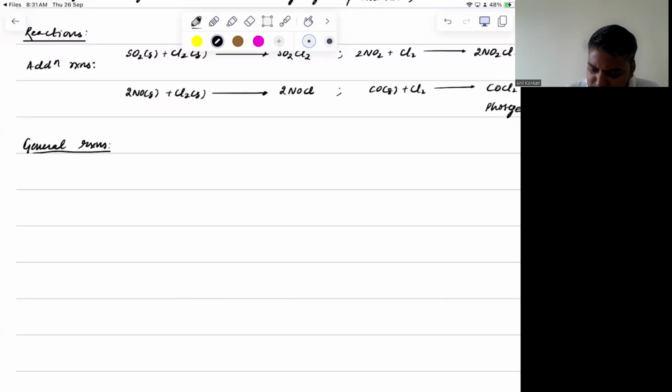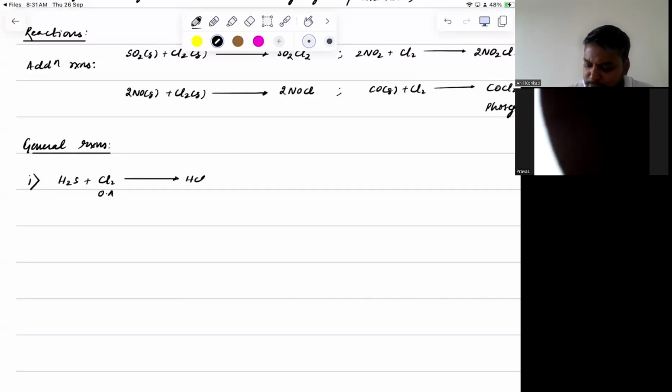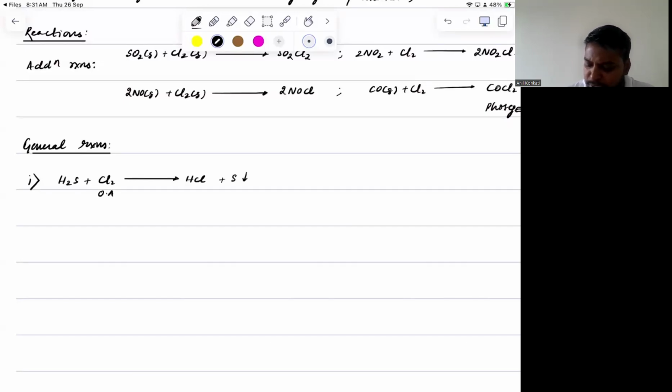You notice general reactions. First one, if I take H2S and treat with Cl2, definitely we expect Cl2 to act like an oxidizing agent. So this will convert into HCl and make sure that sulfur gets formed as colloidal sulfur.